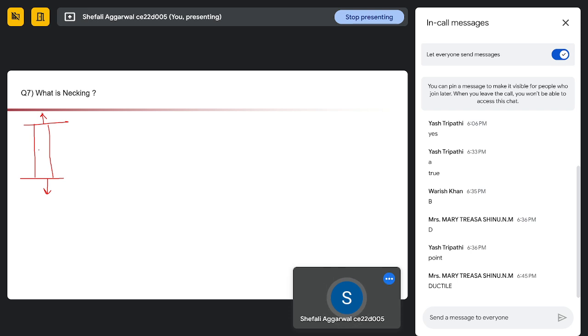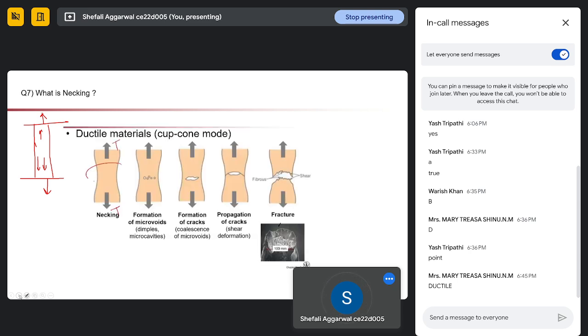What will happen? The atoms will start expanding, and as shown in the figure, the material will start expanding, and small inclusions or small voids will be created in the material. Those voids will expand, and the material will stretch itself, and at one point it will fracture.